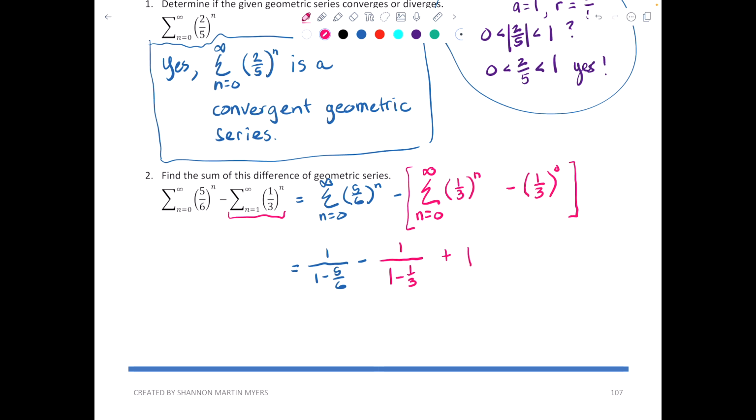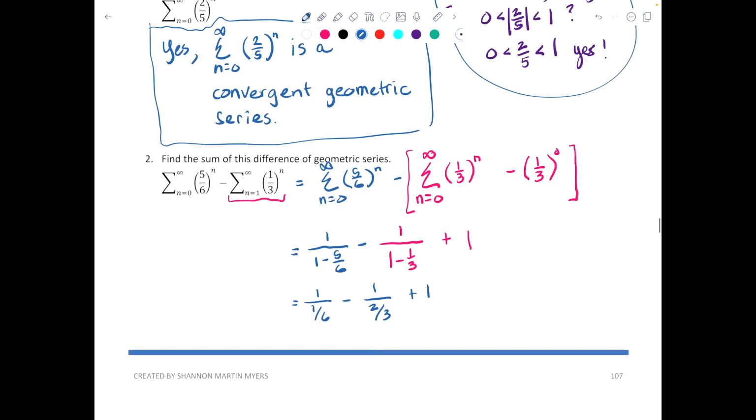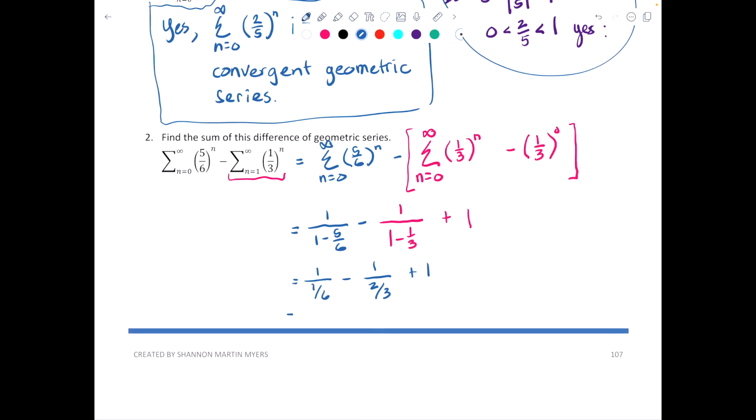So now, finishing it up, we'll have 1 over 1/6 minus 1 over 2/3, which is 6 minus 3/2, plus 1.